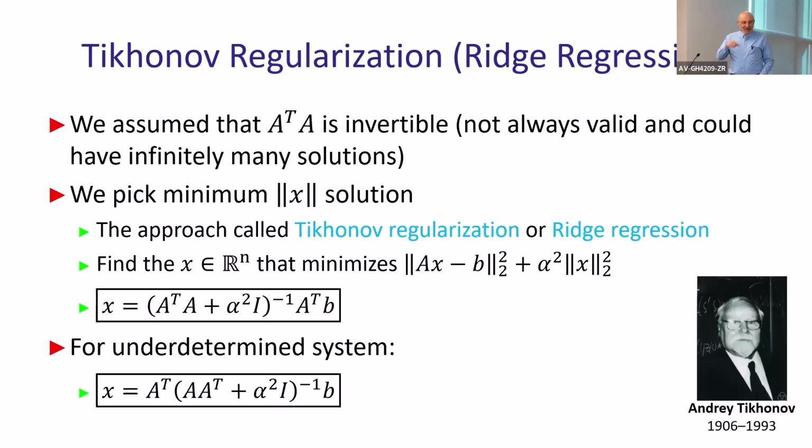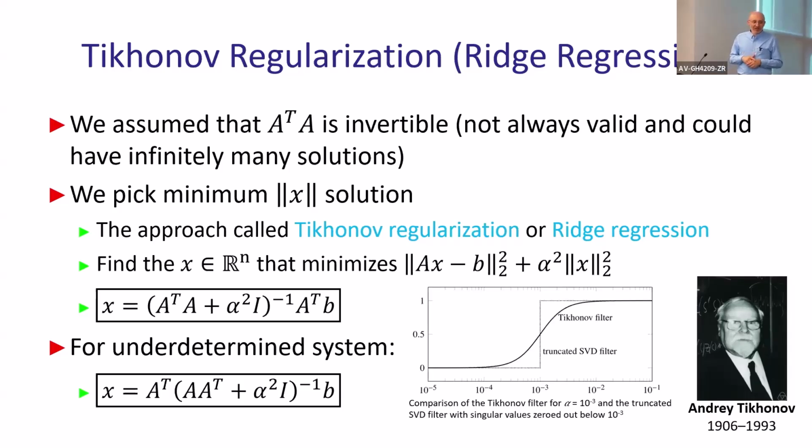Just before that, I have another thing for underdetermined systems where you have fewer equations than variables. You can do the same thing, but the formula looks a little bit different. Again, you can solve that as an optimization problem and you get an analytical solution, which is very nice. But here is the intuition behind it. Practically, you can think about that regularization as a smoothing filter.